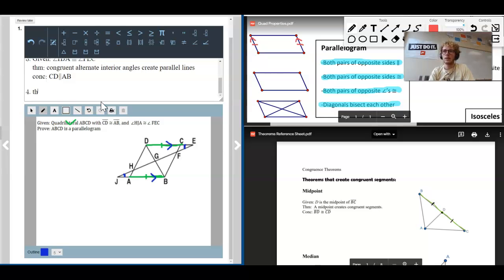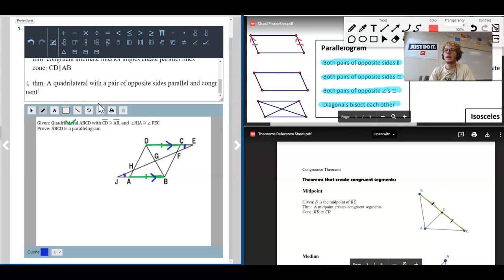So our theorem now is going to be a quadrilateral with a pair of opposite sides, parallel and congruent, is a parallelogram.